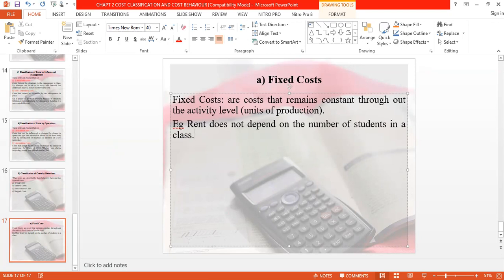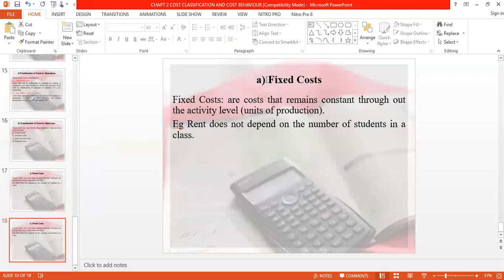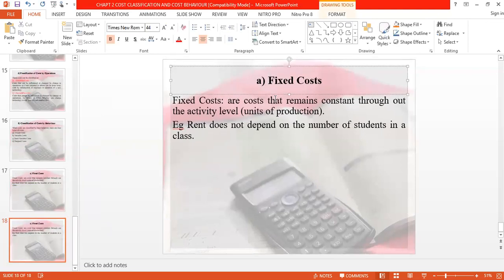I will come back to that. So rent is an example of a fixed cost. I'll come back to that with a follow-up.